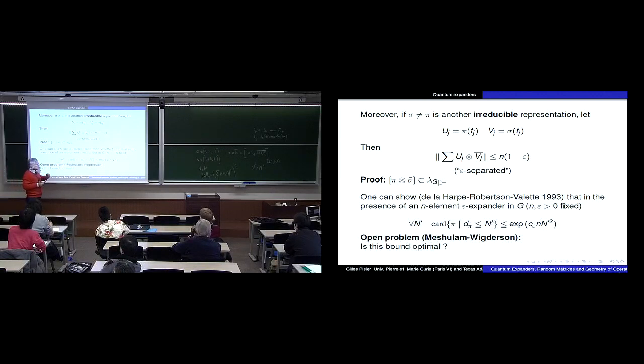Then automatically you have the following bound on the number of distinct irreducible representations that have dimension less than a certain number, n prime, arbitrary, and the bound is, let's say, sub-Gaussian, because you have exponential n prime squared that appears.